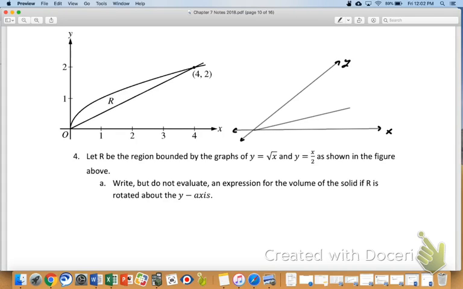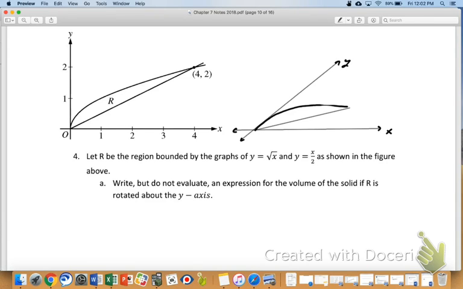So if I was going to do that, then region R would kind of look like there's the line, and there's the curvy part. Something like that. I know it's not quite perfectly to scale, but can you see it? So if region R was going to come straight out at Jake or straight out at you, would you guys agree with me that the resulting solid would kind of look like this?